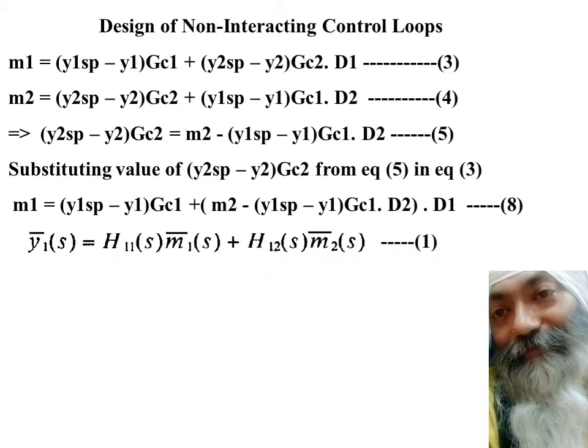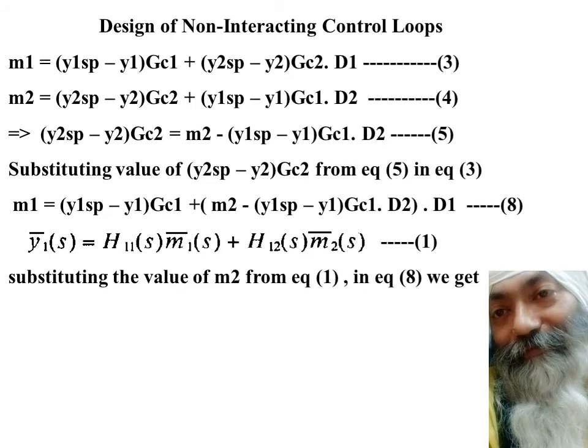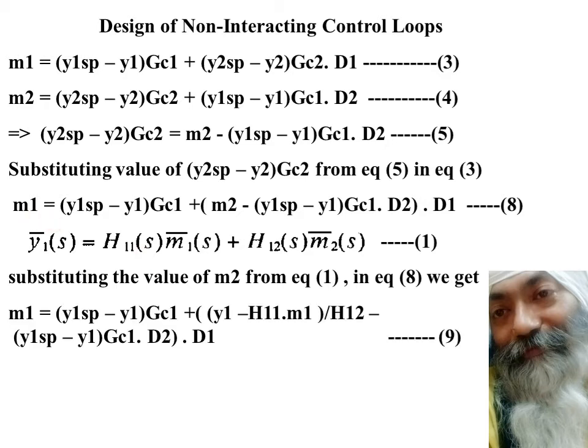That's why I'm recalling equation number 1. And we have to substitute the value of m2 from equation number 1 in equation number 8. So over here we have equation number 1, which is given by this. I calculate the value of m1, and I put this value of m1 over here. So what is this value of m1? As I put it over here, what you will get is simply given by equation number 9.